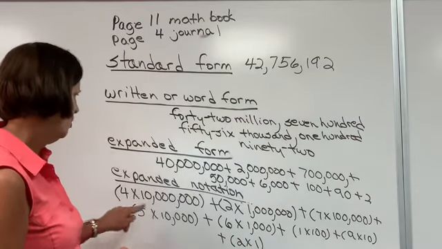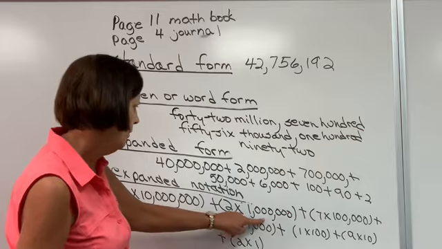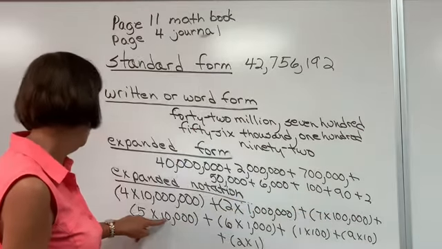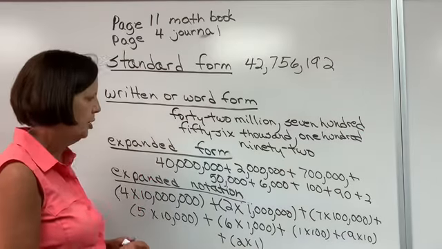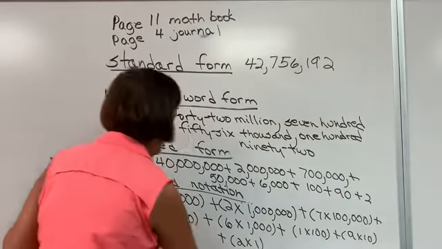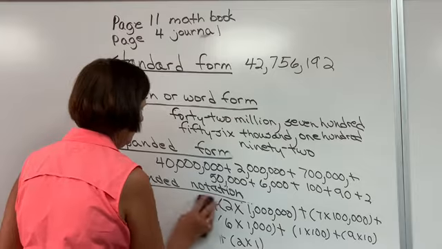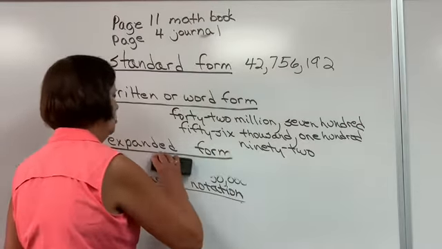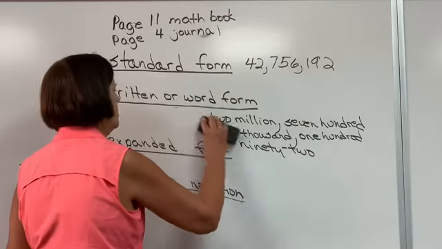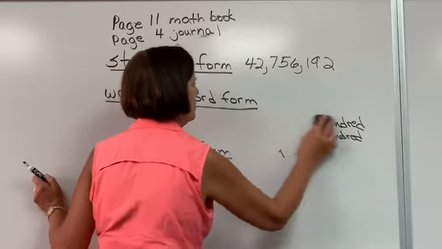And if I've done it correctly, each time I should have one less zero in the number that I'm multiplying by. So you can kind of check yourself that way. Now, occasionally, they give me some form other than standard form, and they want me to turn it into the others. So we're going to try one like that.